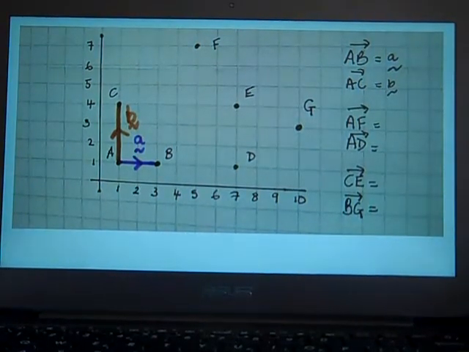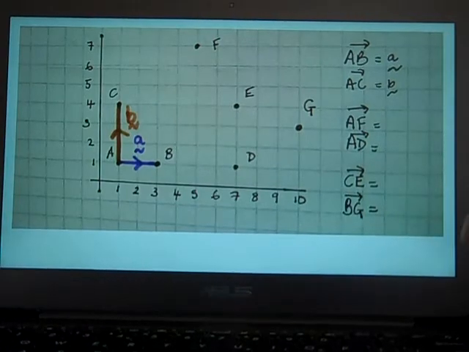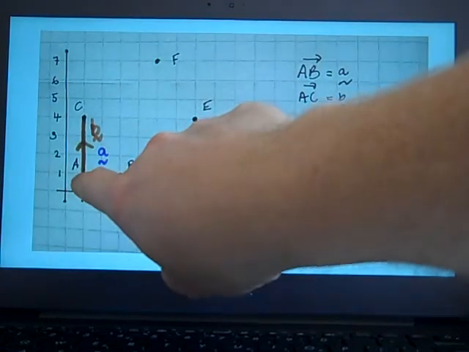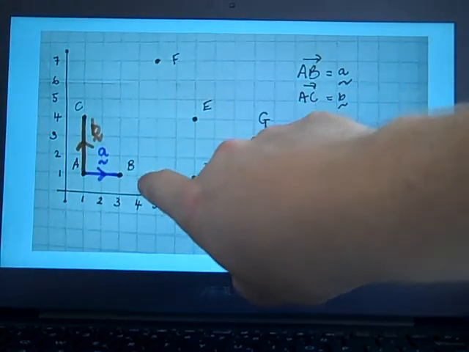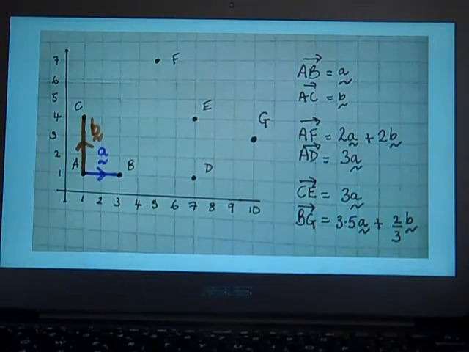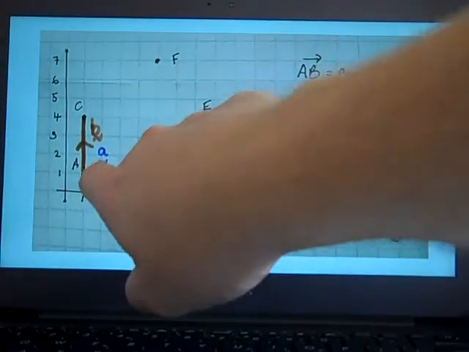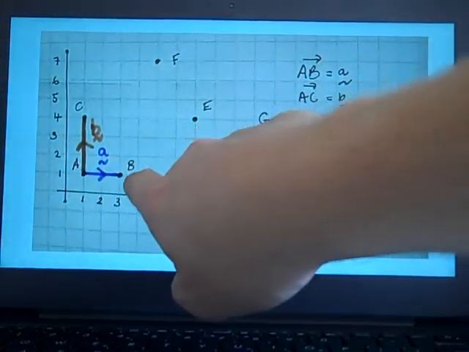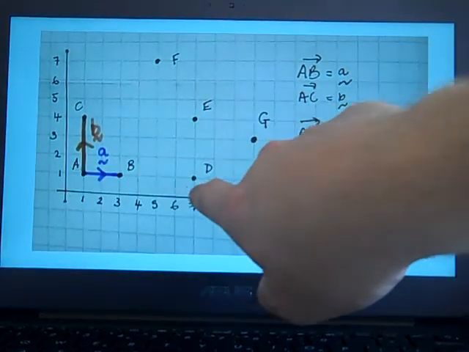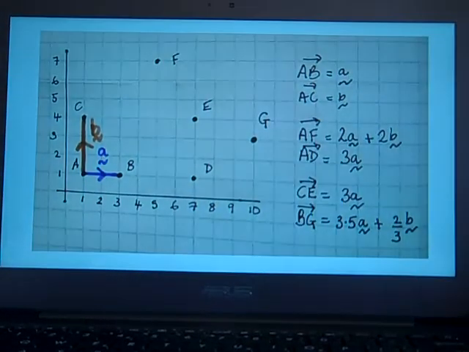Okay, if you'd like to have a go yourself, that's fine, but I'm just going to tell you the answers anyway, so going through them. From A to F, we need to go across 4 and up 6, so that's 2 a's, add 2 b's. From A to D, it's quite simple. We just go across here, 2, 4, 6, so we've got 3 a's as we go across.